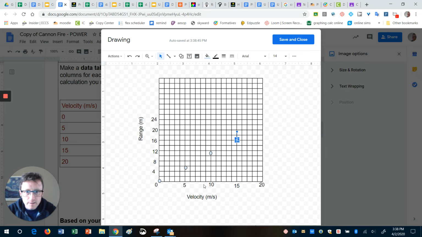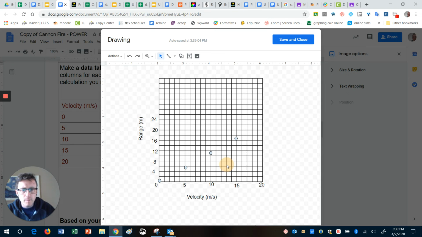So here is 16. This one must be 18. So 17 would be right in the middle, and 16.59 is pretty close to right in the middle of those two. So, there we go. Oh, no, that was for the graph itself. There we go. Get a little bit higher. Okay, so now it's a little bit above that. And notice I'm not being super accurate. It's okay.